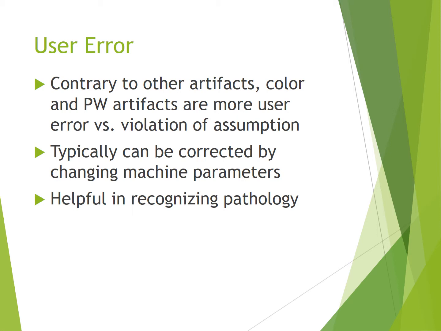Typically we can correct these errors using machine parameters, and some of these errors are helpful in recognizing pathology. Twinkle artifact helps us to point out kidney stones in the kidneys. Aliasing helps us to find the fastest moving area of blood so we can get accurate velocity measurements. So sometimes these errors are actually helpful. We just need to know how to use them and correct them appropriately.